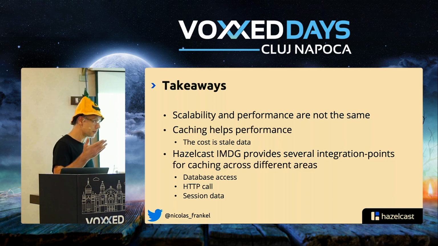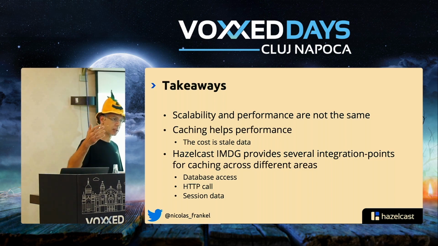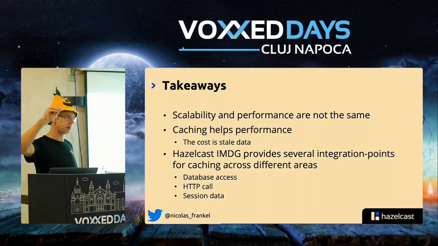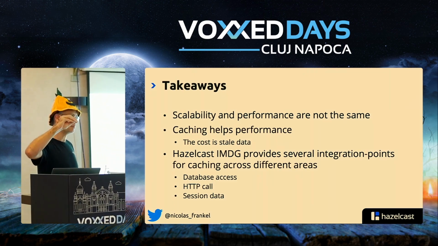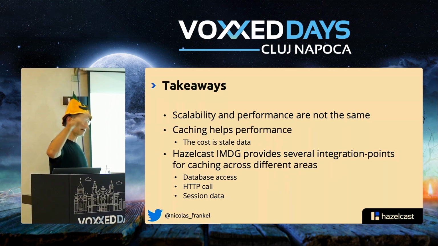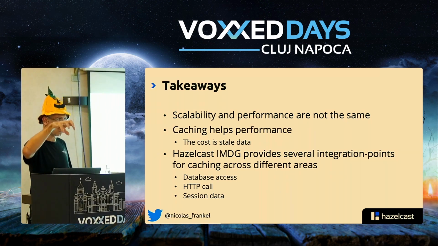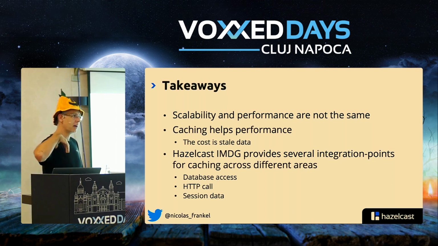In order to improve performance, you should implement caching at the right place. And then at every place, you must think about the trade-off. Yes, it will be faster, but my data will be local. Is that acceptable? Do I accept my pricing to be stale by 5 minutes? Might be the case.